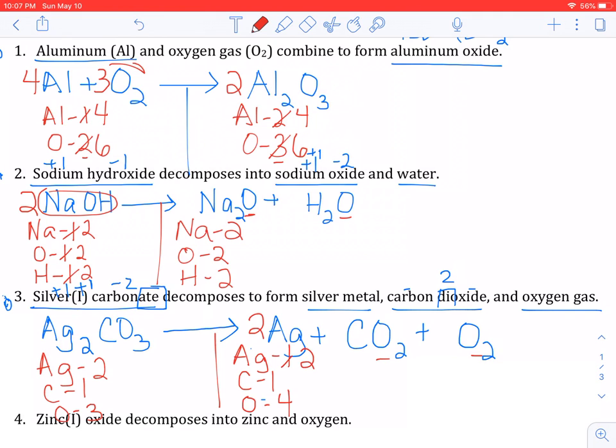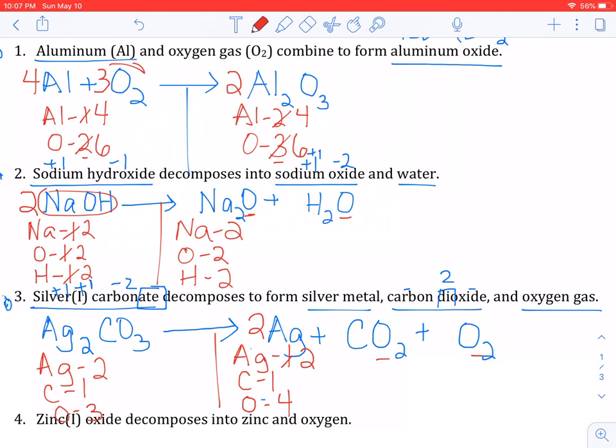So I'm going to talk through how you probably would think it through if you were doing this, and then we can go back and look at it again. In order to get more oxygens on the left side, I could potentially take 2 of this whole molecule, silver carbonate.